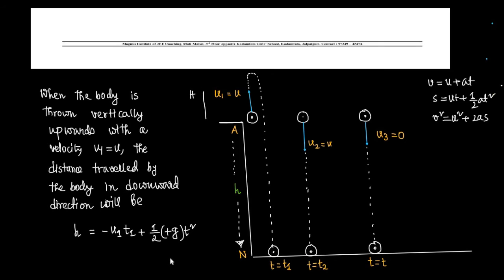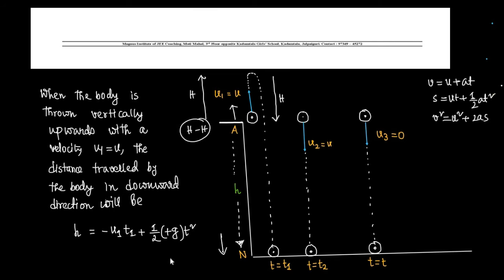From the top of the tower, it will reach the maximum height, and the distance traveled by the body is capital H before returning to the point A, and during downward motion it will traverse the same distance, so resultant displacement will be minus H plus H plus small h.